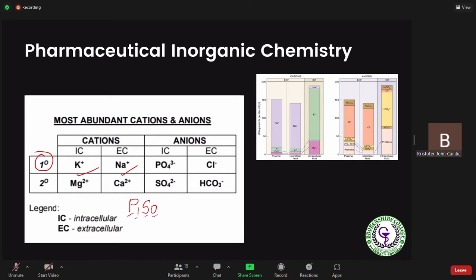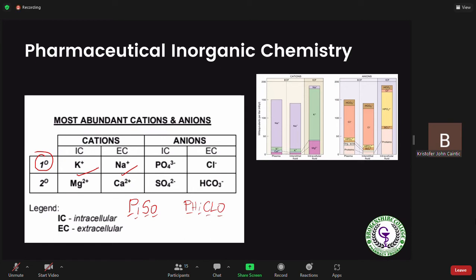While the primary anion class is termed as your PICLO. Phosphate in, chloride out.